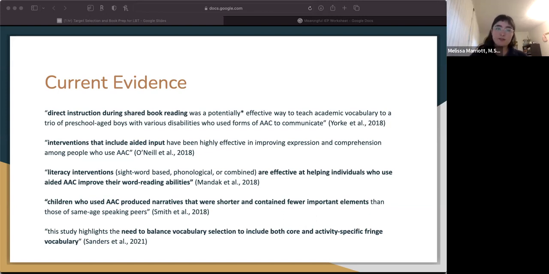And then a variety of different literacy interventions have been used to improve word reading, vocabulary development, syntax and morphology, all kinds of things. If you're interested, definitely look up the work, not just these specific studies, but the ongoing work of these individuals and their teams. There's lots there.